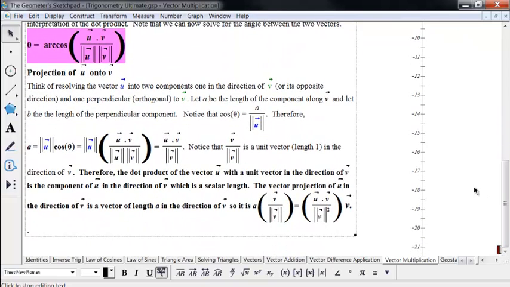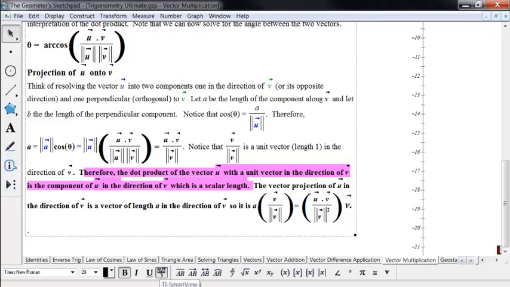Finally, we said that we could think of this in terms of components, and the dot product of the vector u with a unit vector in the direction of v is the component of u in the direction of v, which is a scalar length. Okay? And if we just do the dot product of u and v, you get a multiple of that length by the norm of v.